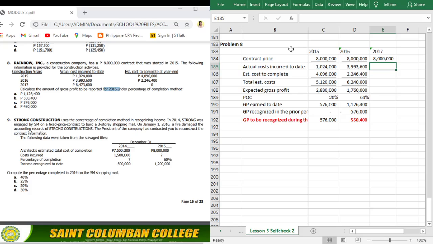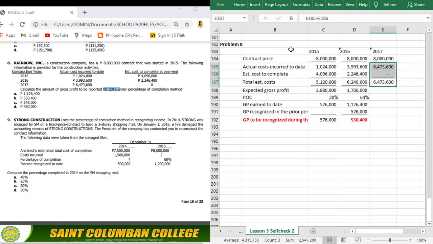The actual cost incurred to date is 6,473,600. Now, class, take note that 2017 is already the last year. The project is finished by this time. So, there is no more estimated cost to complete. That means the total estimated cost is now equal to the actual cost incurred.